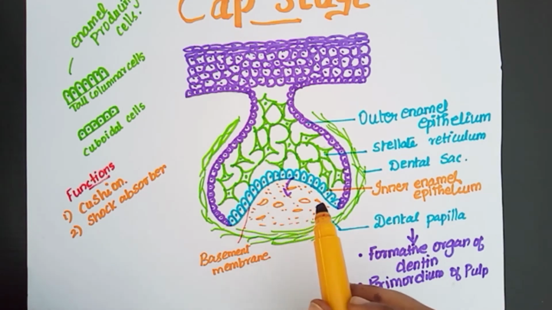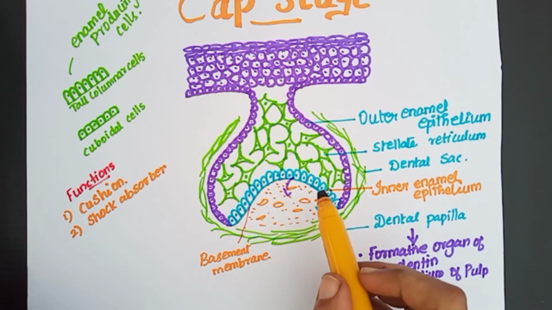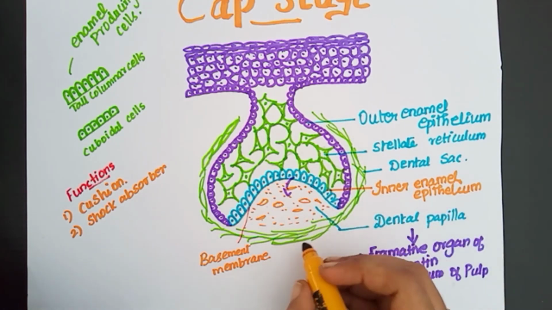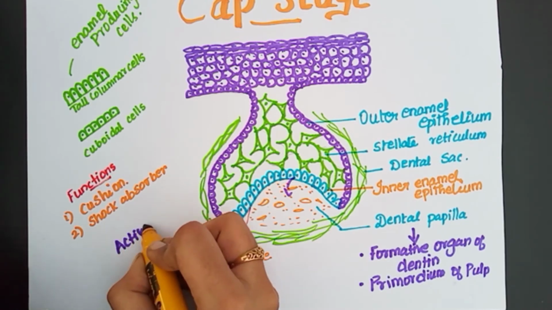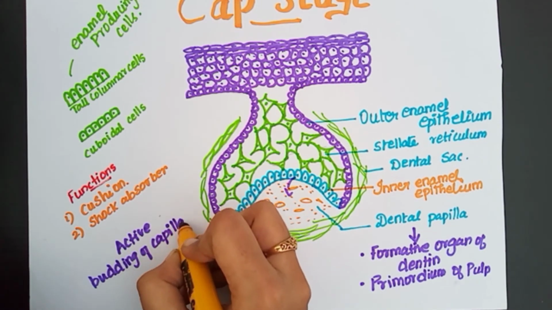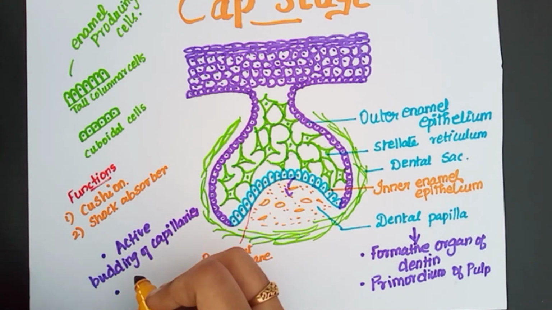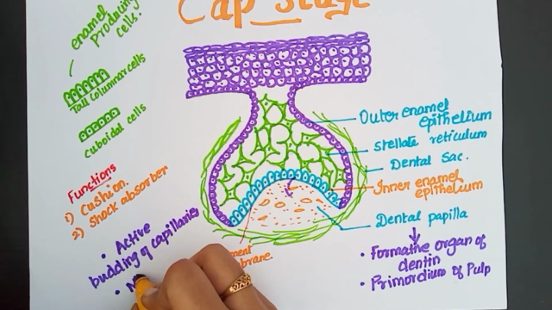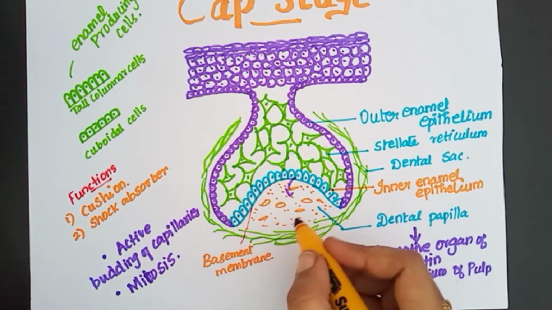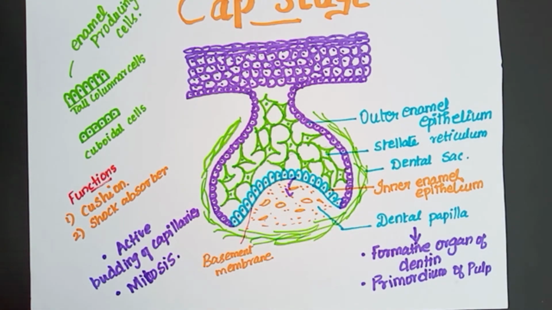This condensation of dental papilla is not just the crowding of cells, but blood capillaries are also seen. That is, active budding of capillaries takes place and mitosis is also seen. That is, new blood vessels are formed and multiplication of cells takes place.